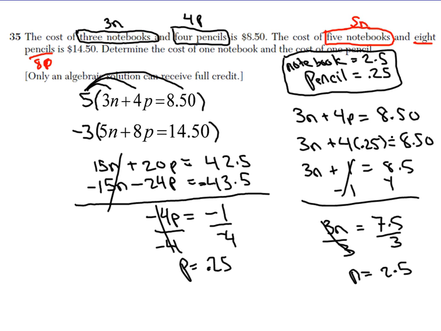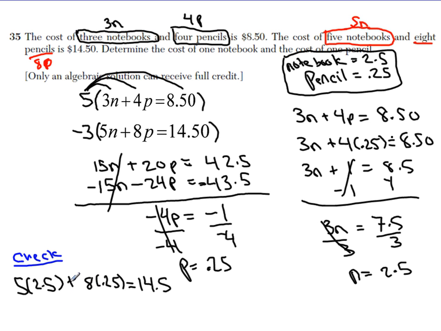If you wanted to check this, you can. I'm going to check it using the bottom equation since I already used the top. You know, mix it up a little. So we got 5 times 2.5 plus 8 times 0.25 equals 14.5. So let's better give us 14.5 or else we did something wrong.